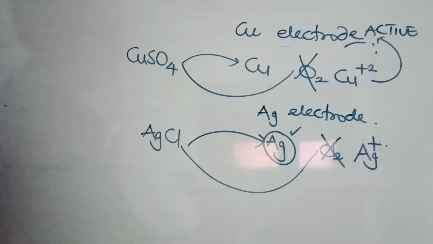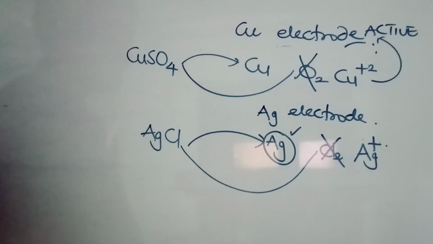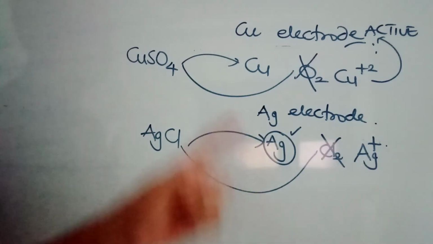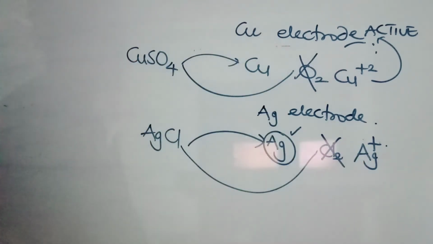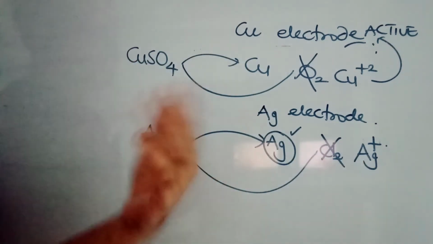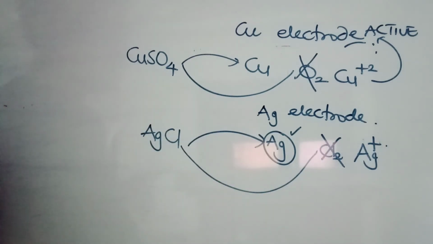And whenever active electrodes are there, at cathode the metal will come. This is no doubt right. But at anode, the active electrode dissolves, or undergoes oxidation, loses electrons, and turns into its cations. So copper sulfate, if you are using copper electrodes, at cathode copper, and at anode it will be Cu plus 2. If you are using silver, then at anode that will be Ag plus. Very important point it is. It is because of the presence of active electrodes.